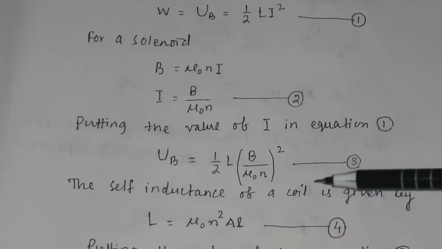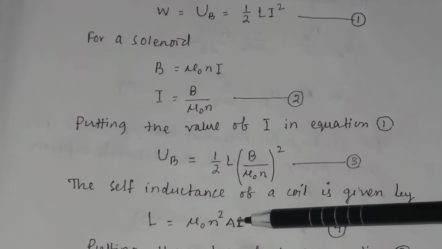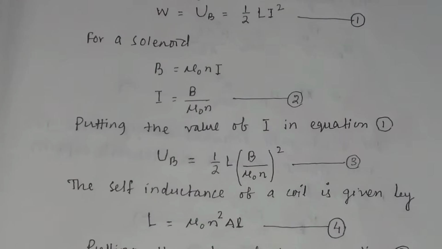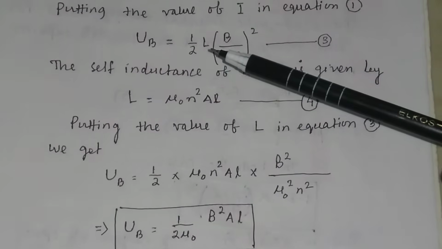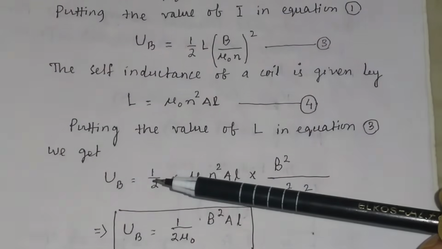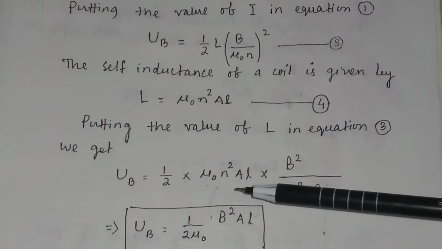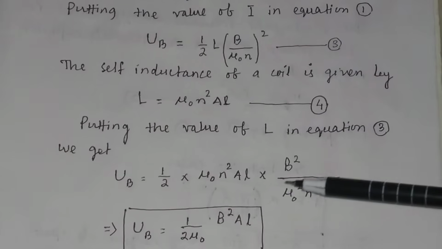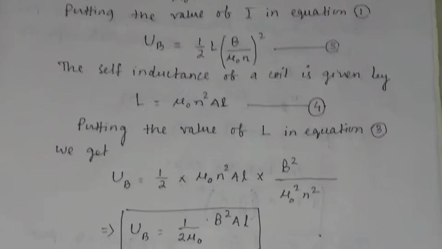The self-inductance of a coil is given by L is equal to mu 0 N square AL. So putting the value of L in this equation 3, you will get UB, that is magnetic potential energy, equal to half into mu 0 N square AL into B square divided by mu 0 square N square.